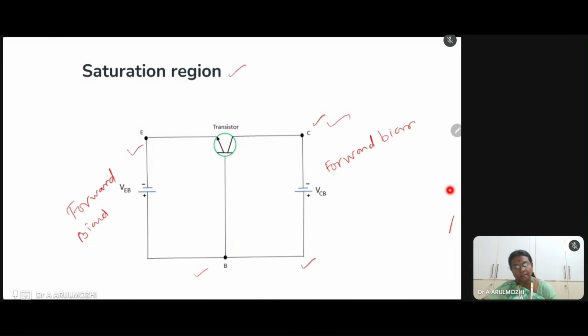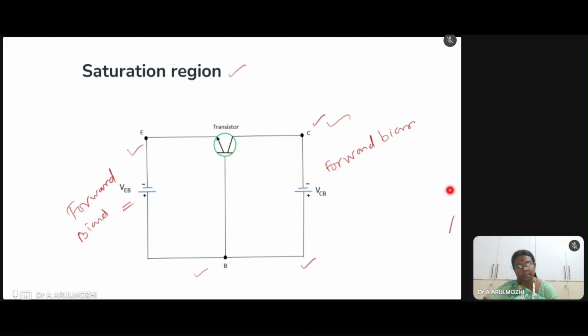The voltage VBE is connected between the emitter and the base in a forward biased manner, and the voltage VCB is connected between the collector and the base in a forward biased manner.